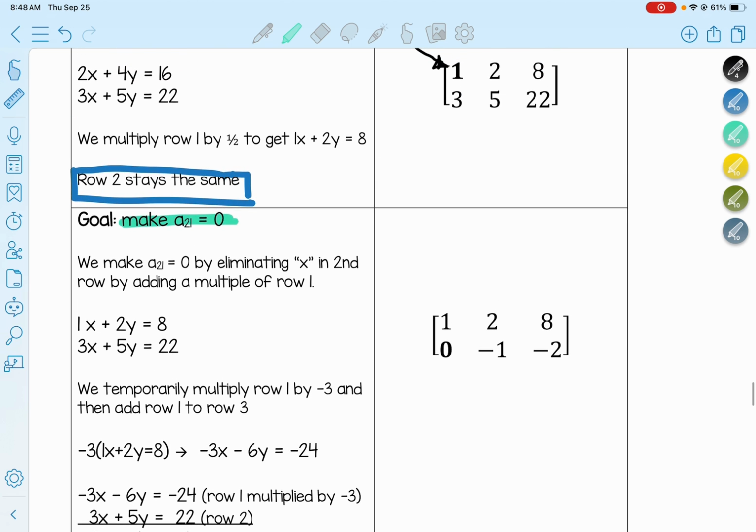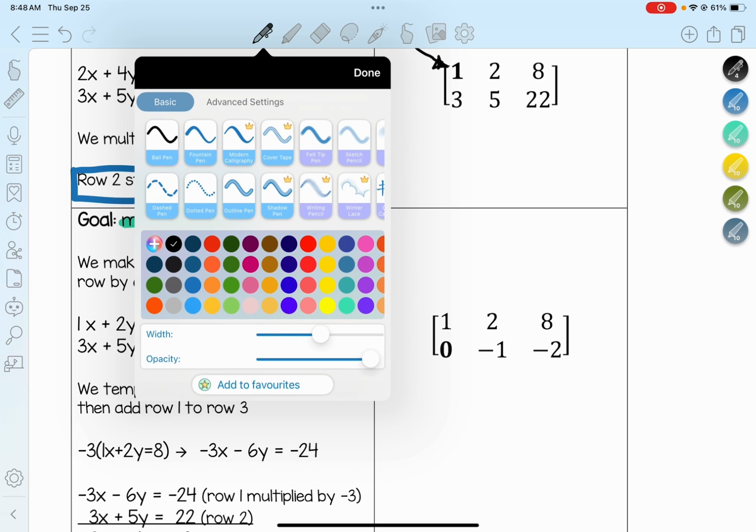How we are going to do that is we are going to see that right here, I have this 3. If I want that canceled, I need the opposite of 3, which is negative 3. I'm going to temporarily multiply this top row by negative 3, and think of it like on the side.